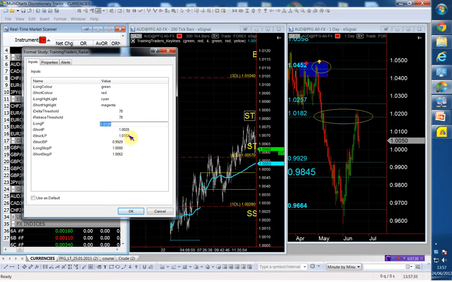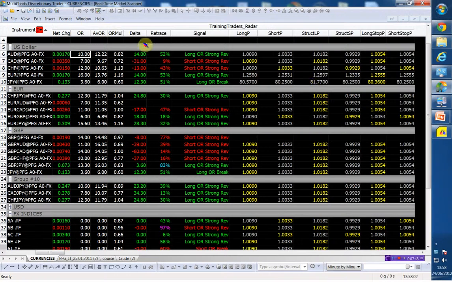If we do, we have a structure point at 101.82, and our stop is going to be 100.80, so I'm risking about 40 pips on this trade. On the short side, I'm going to go short below 100.28, and if I do, I have a structure short point at 99.29, and my stop is going to be the 100.62. Okay, that is the Aussie dollar.